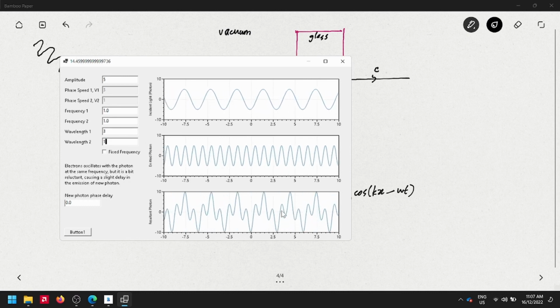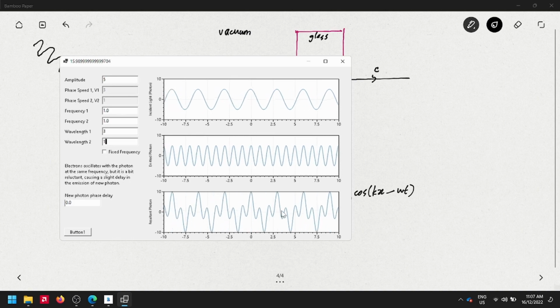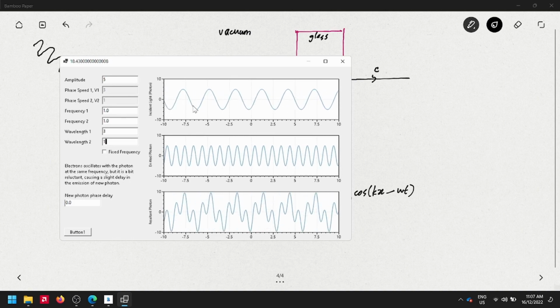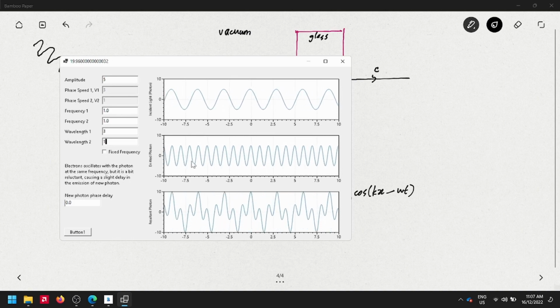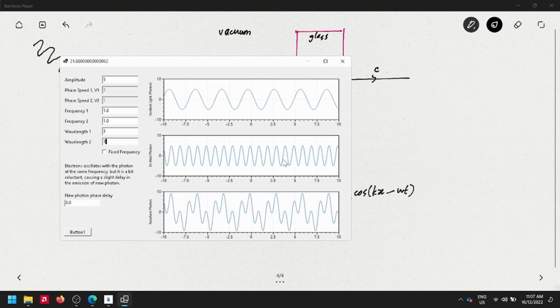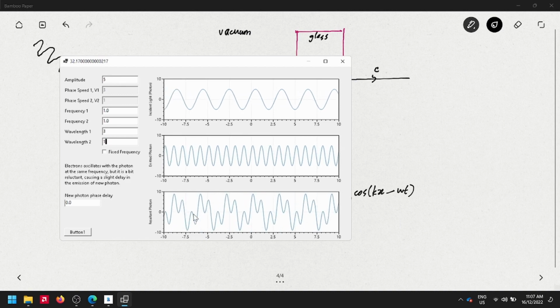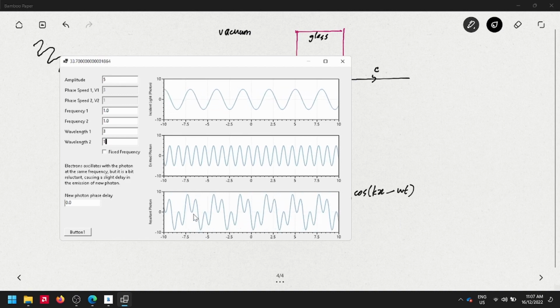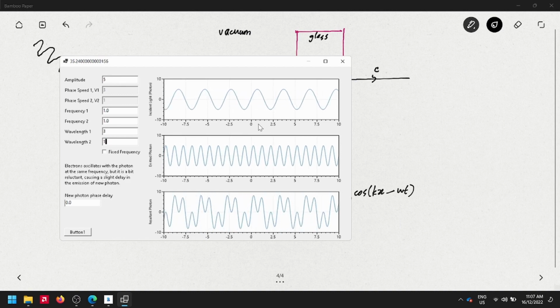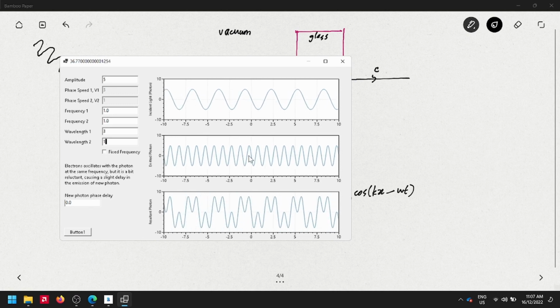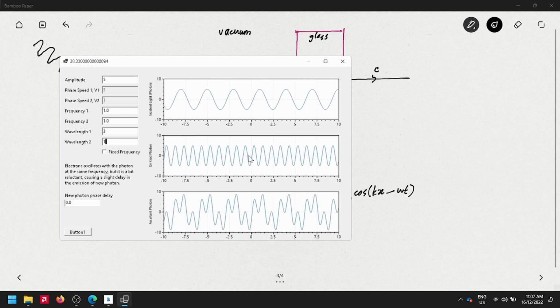It's basically the light that you see in the glass. This one is the incident light. This is the emitted light because of the oscillation. And then what we see is the resultant, the superimposed, because our eyes cannot see the two waves here. What we see is the superposition of the two waves.